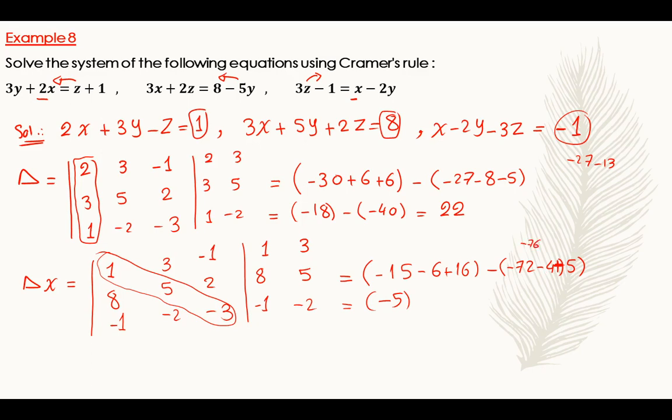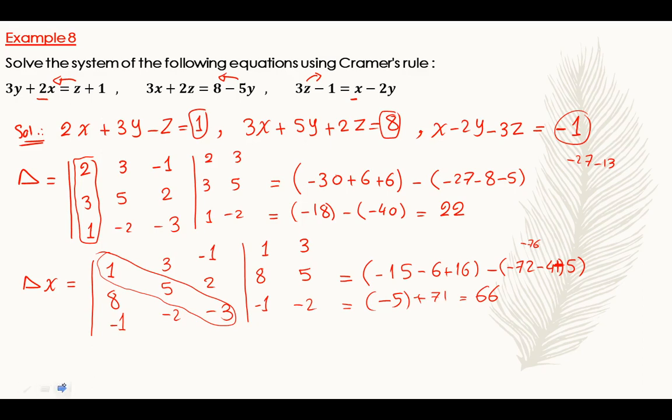Negative 76 plus 5 is negative 71. Negative, negative, so it will be plus 71. Negative 5 plus 71 is equal to 66. So this is the value of the determinant delta x.